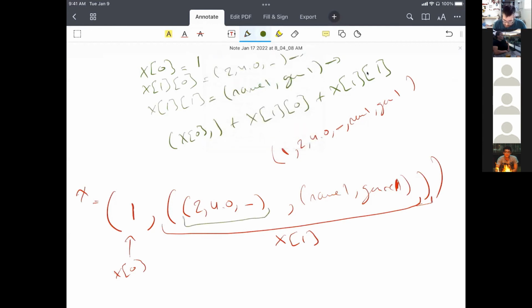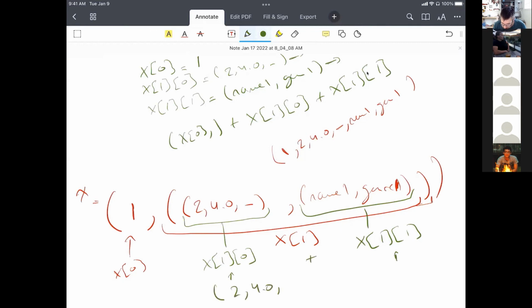This part right here would be x at 1 at 0. And this part right here would be x at 1 at 1. So this is a tuple, and this is a tuple. So if we add these together, we're going to get a tuple of these values.